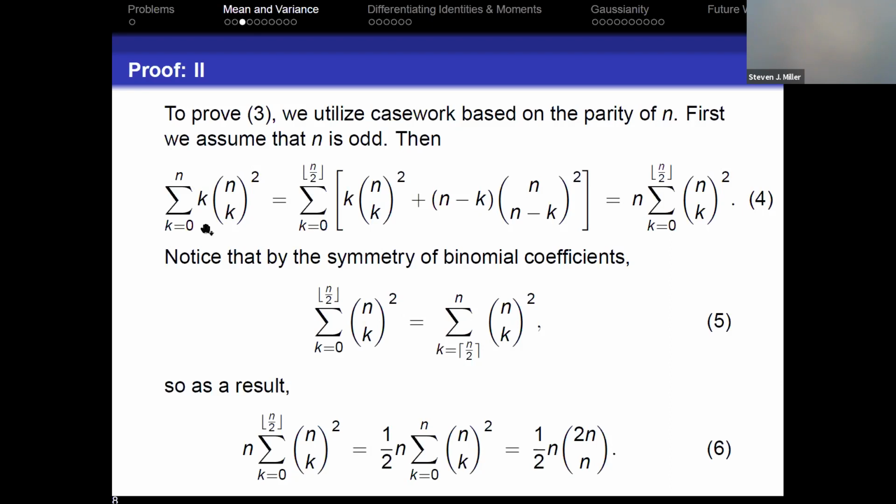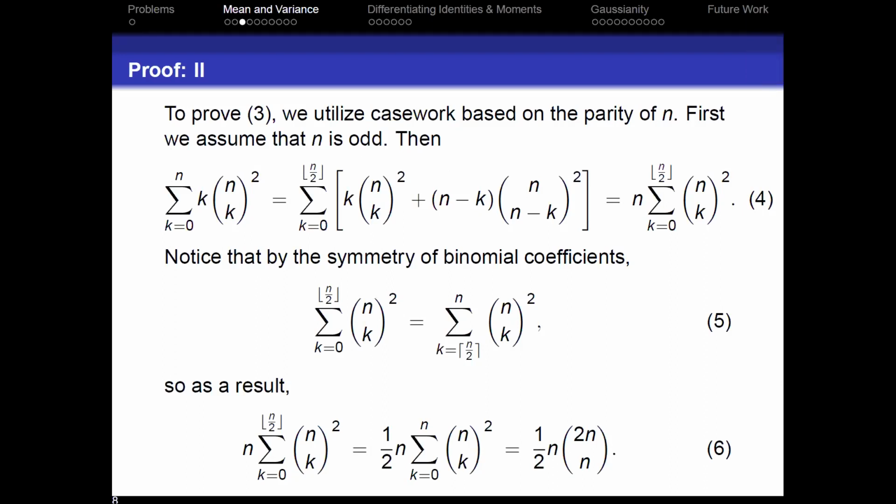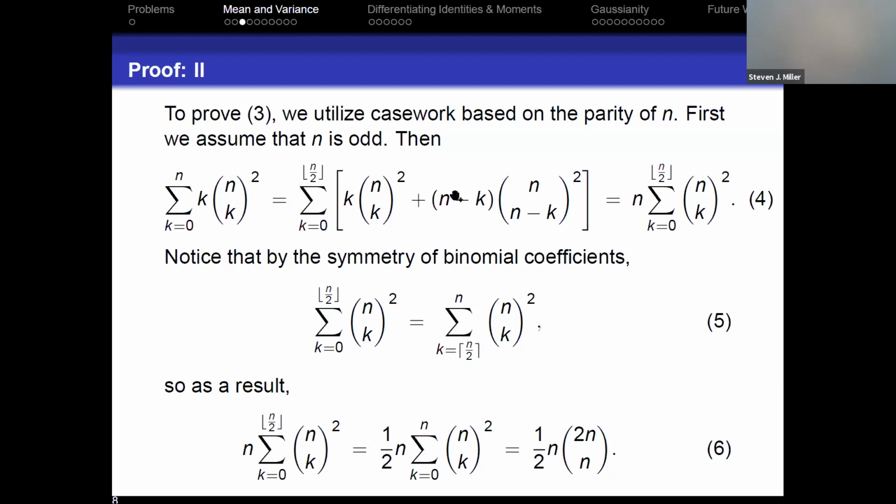So for these terms, the sum from 0 to n, I split it into 0 to n halves and then n halves to n. And the stuff from n halves to n, I can write like this. I just write it as n minus k, with k now between 0 and n halves. I really should have k between n halves and n, but by writing it as n minus k, I can have both sums over the same range.